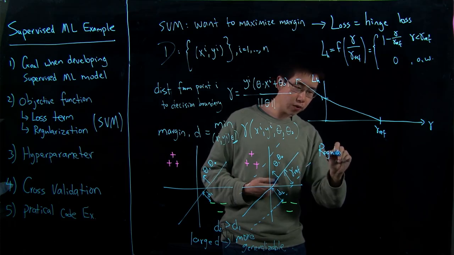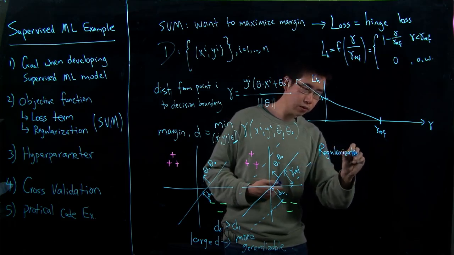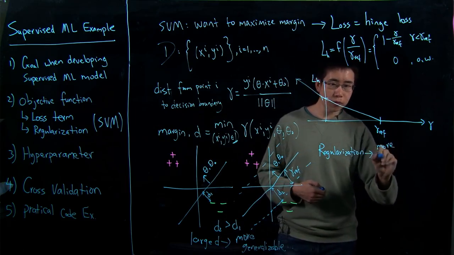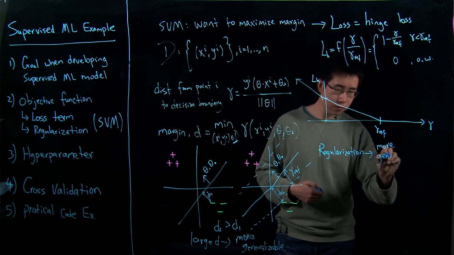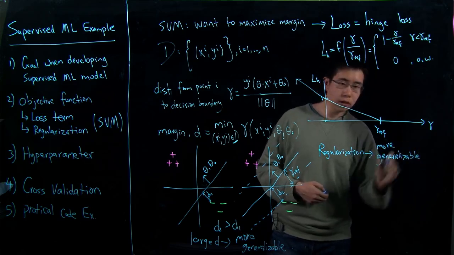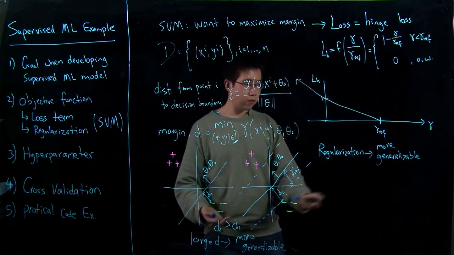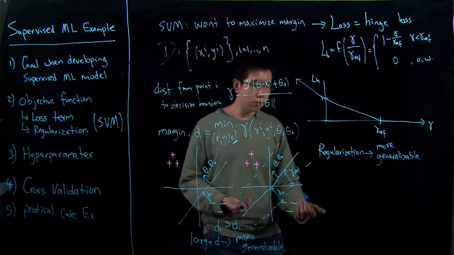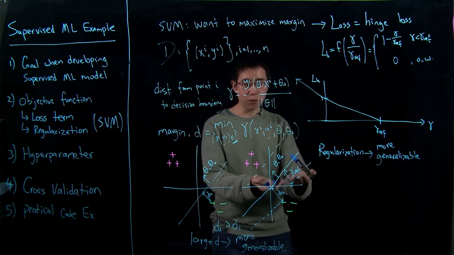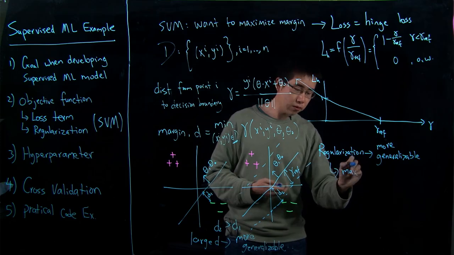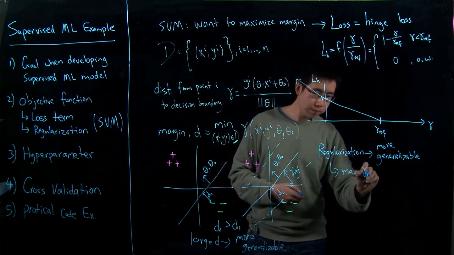So again, with our regularization term, the goal is to allow our model to be more generalizable. And we just mentioned that to become more generalizable, we want a large margin. And we just defined our gamma ref to be our margin. So what we want here is to maximize gamma ref.